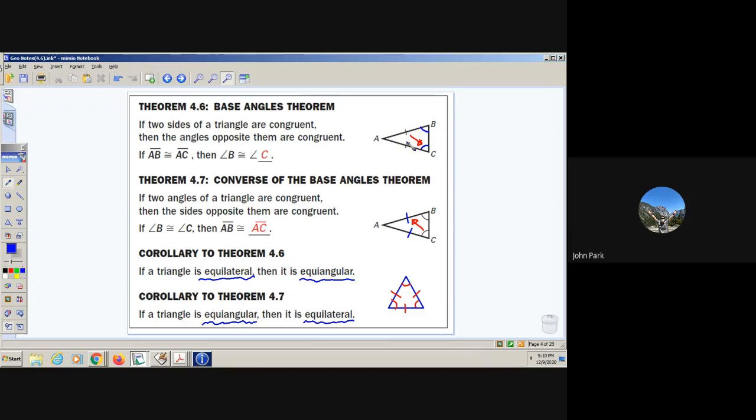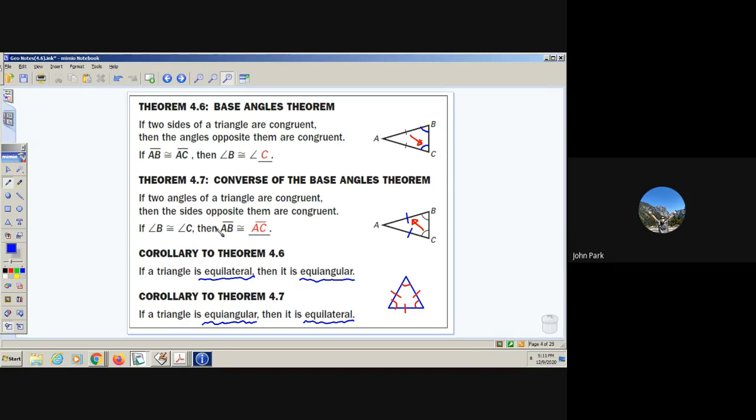So you have isosceles, two sides congruent, then you're going to have two angles, this one opposite this side and this angle opposite this side. Those base angles are also going to be congruent. Now you can say that backwards, which is the converse of the base angles theorem. If you remember the converse, you switch the if and then, the hypothesis and the conclusion.